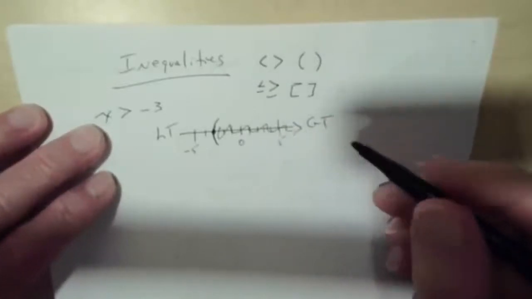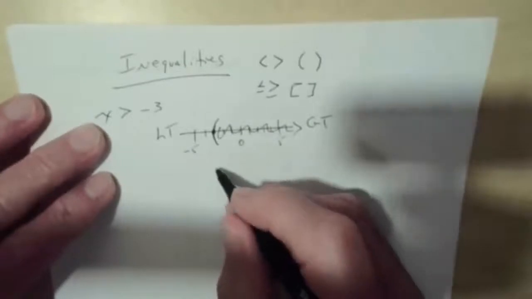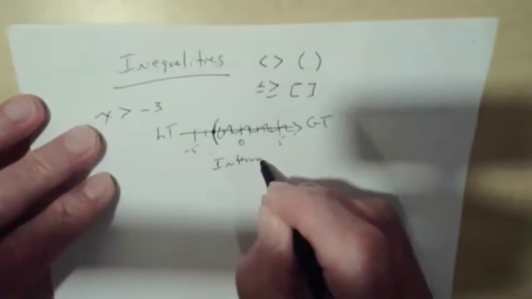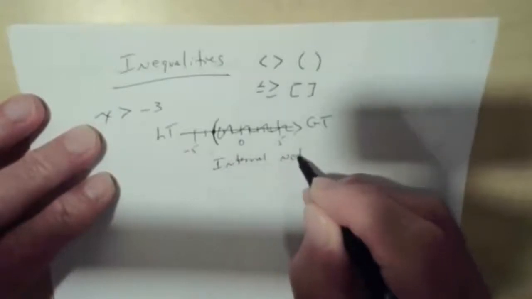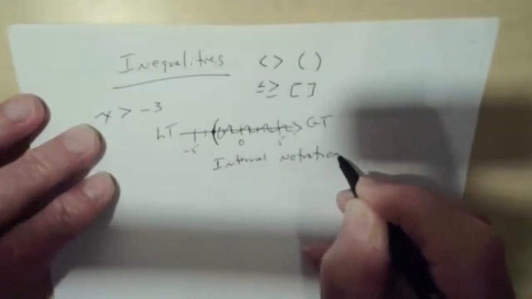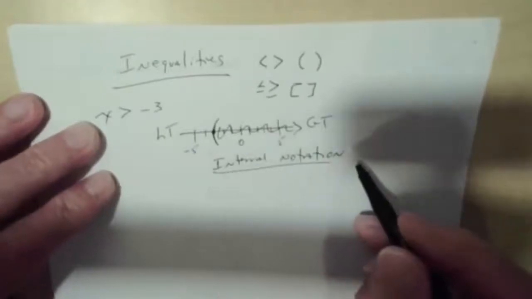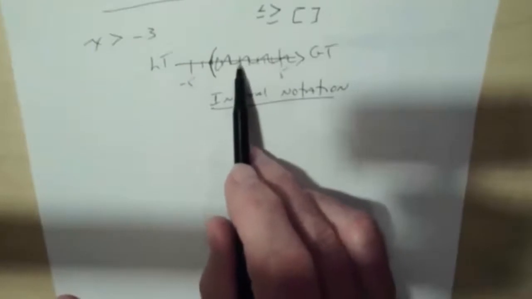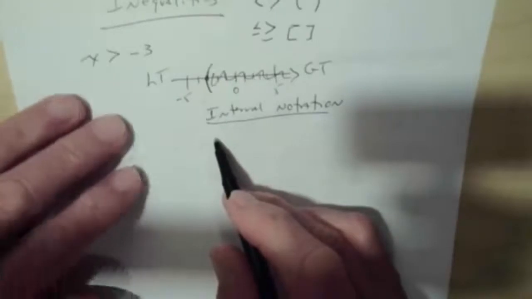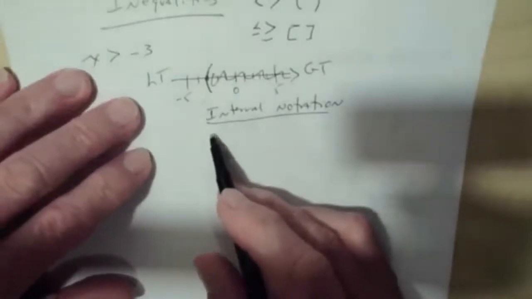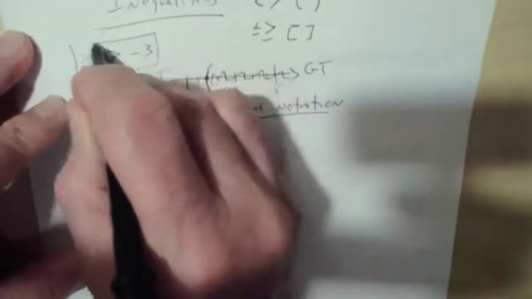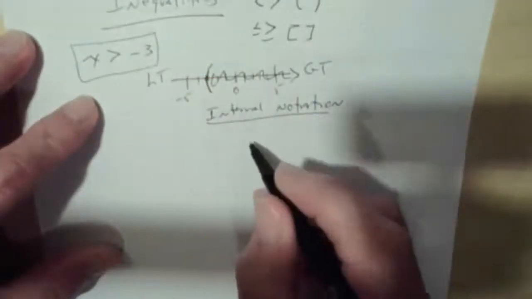Now that's the graph. Now we have a thing called interval notation. Interval notation is basically this graph, but shown like this. What's the least number this could be? What's the lowest number? -3.